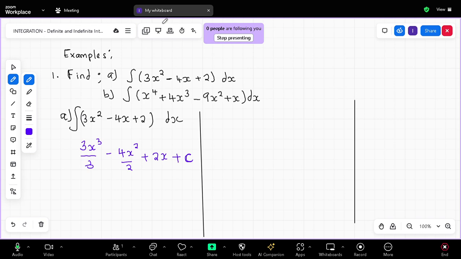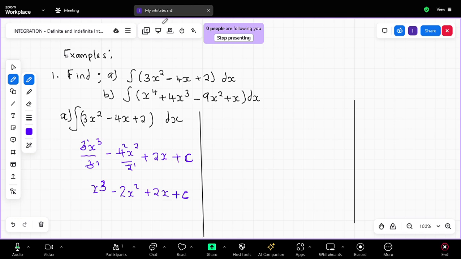So we can divide: 3 by 3, 1, and 4 by 2, 2. So the answer becomes x cubed minus 2x squared plus 2x plus a constant term c. So that is part A. It's as simple as that.